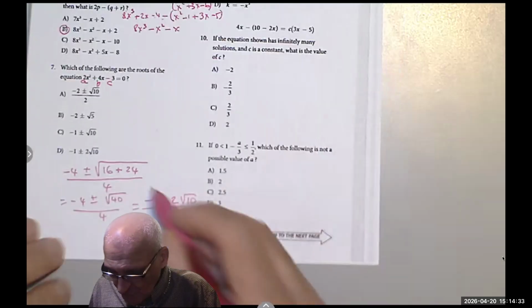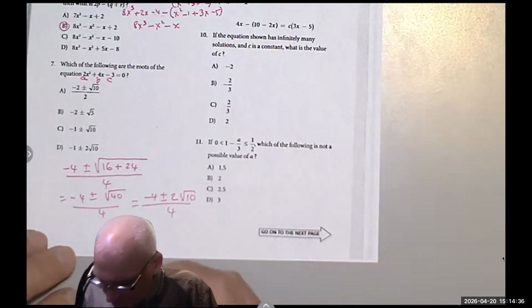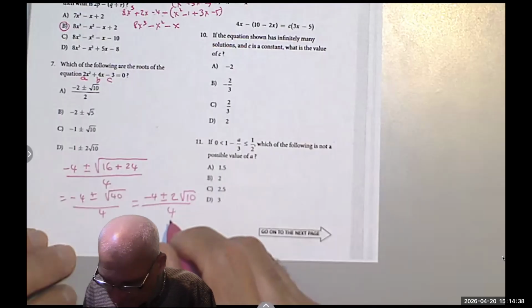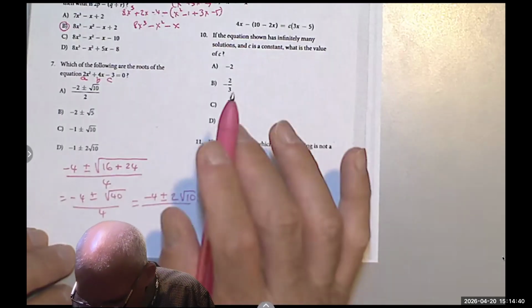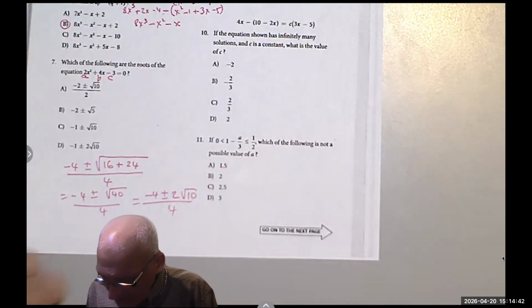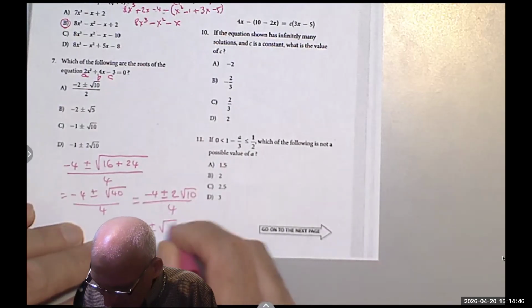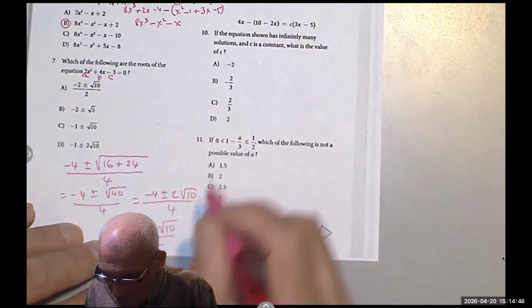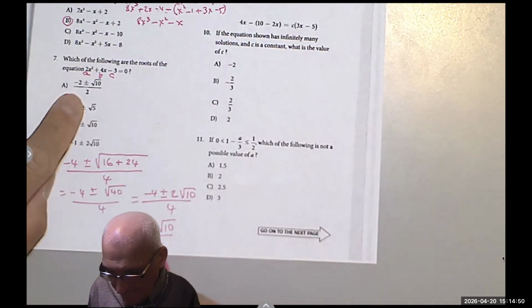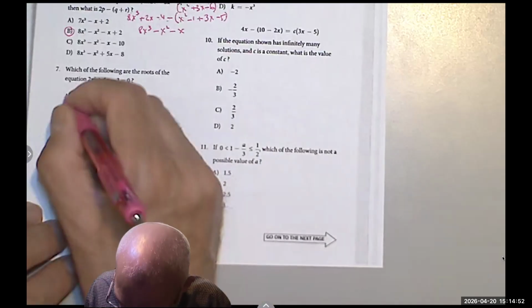I can simplify top and bottom by 2. Wait a second. Did I do this correctly? Yeah, it is. So when I simplify by 2, I get negative 2 plus or minus root 10 over 2, which is A.